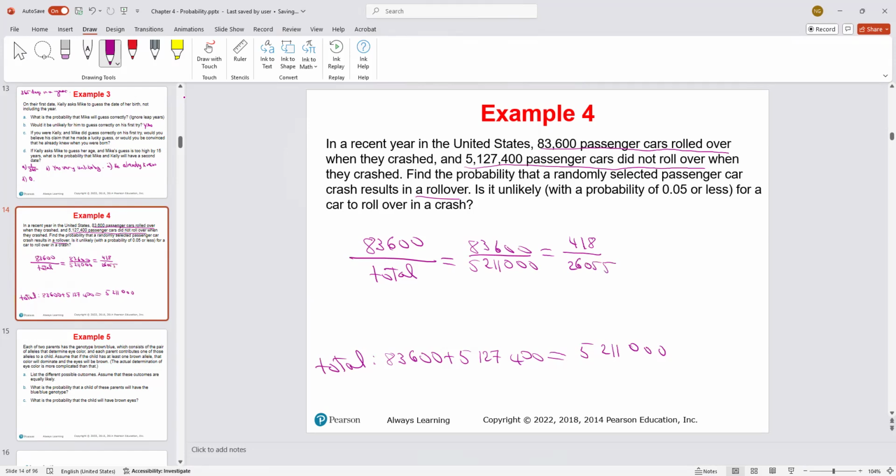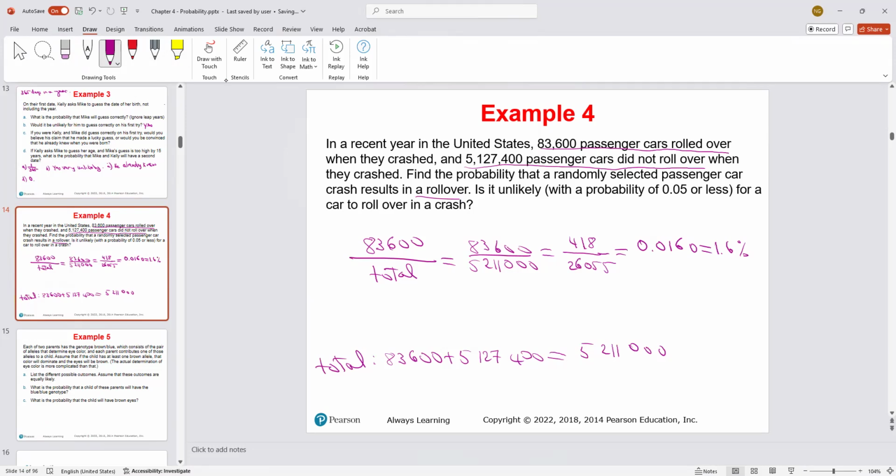We can convert this to a decimal: 418 divided by 26,055 gives 0.0160. To express it as a percent, move the decimal point two digits to the right, multiplying by 100, which gives 1.6%. That's how we can express it.